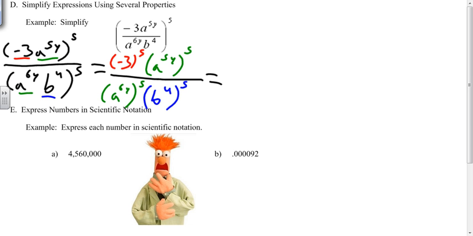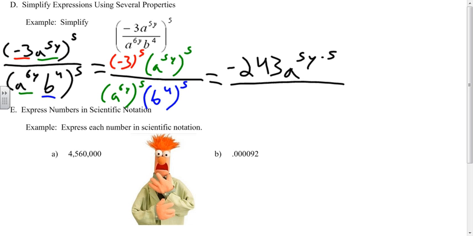Again, we're not fully done. We need to simplify these down. Negative 3 to the 5th power is going to be a negative 243. And a to the 5y to the 5th power is a to the 5y times 5. Similarly, a to the 6y to the 5th power is 6y times 5.